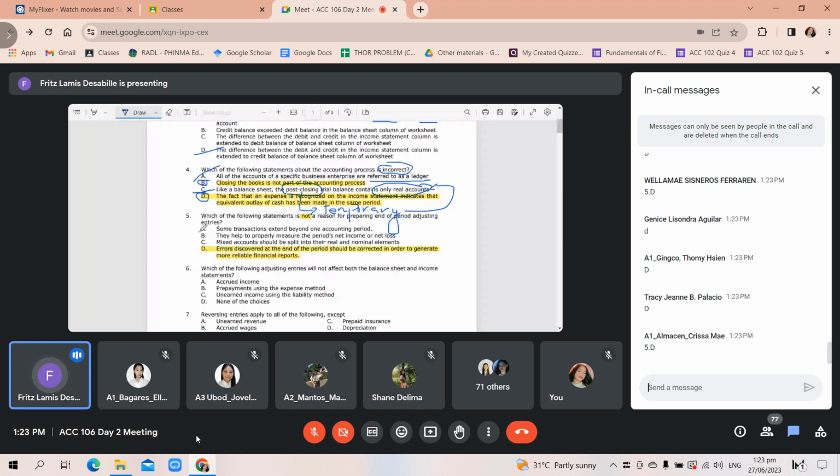Letter A is correct because transactions extend beyond one accounting period, which is where we encounter mixed accounts. An example of mixed accounts is prepaid rentals.